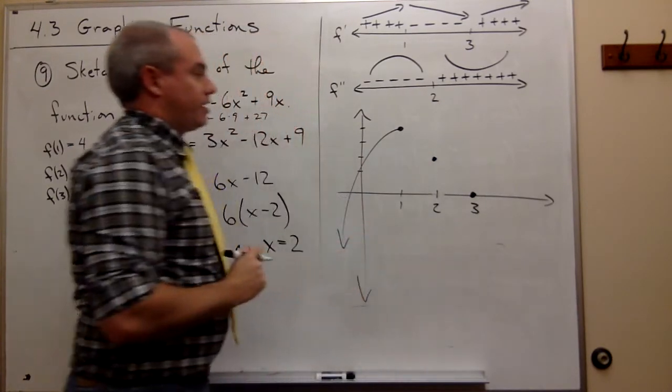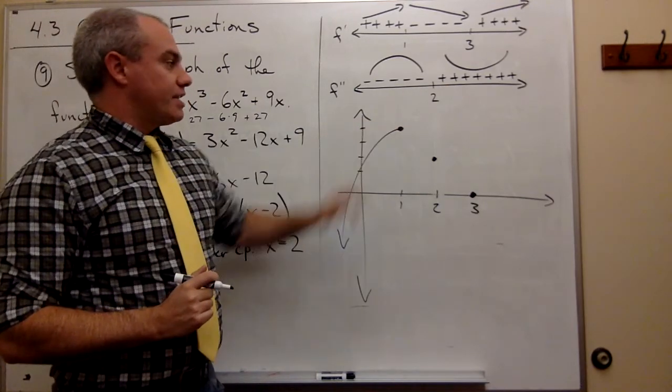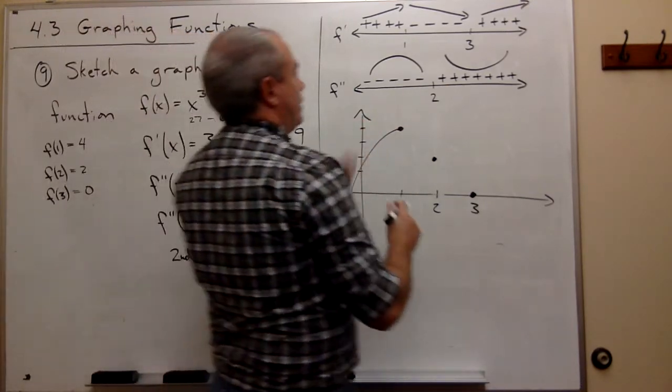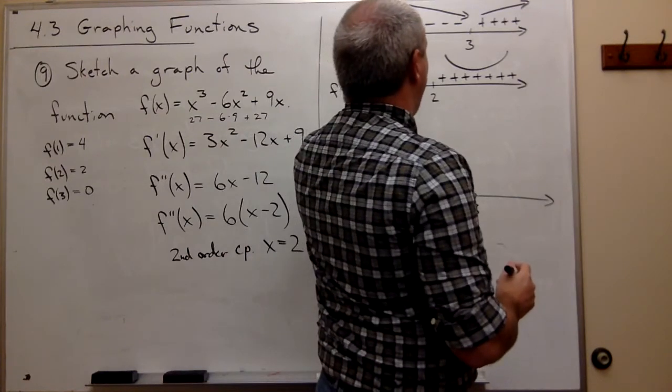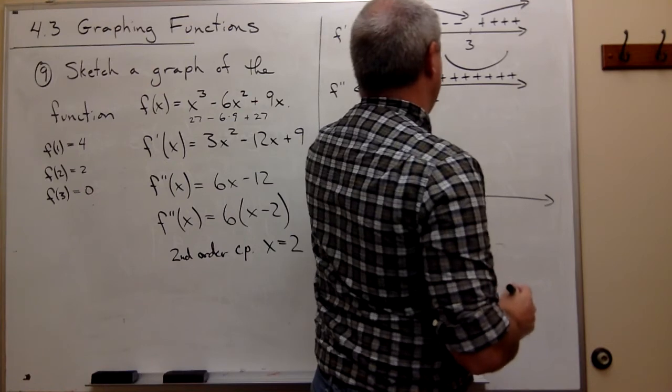So something like this. I'm going up, but the concavity is down. Then it changes at 1. At 1, I start going down here, and I'm still concave down.